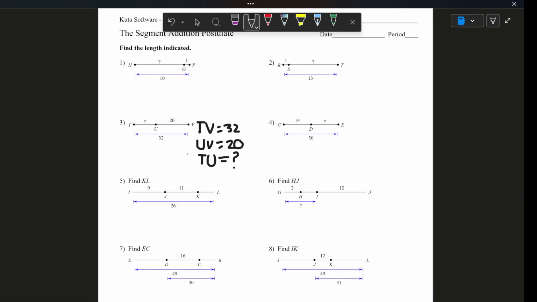All right, let's set it up again. So we know TV is equal to TU plus UV. And we know TV to be 32. We don't know TU, and we know UV to be 20.